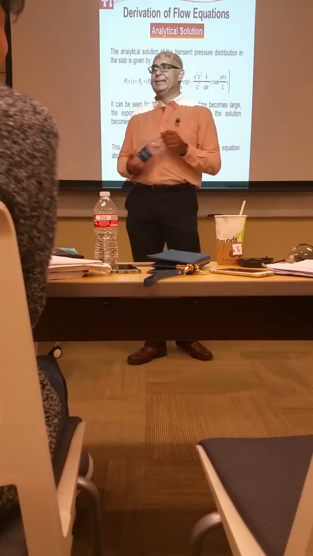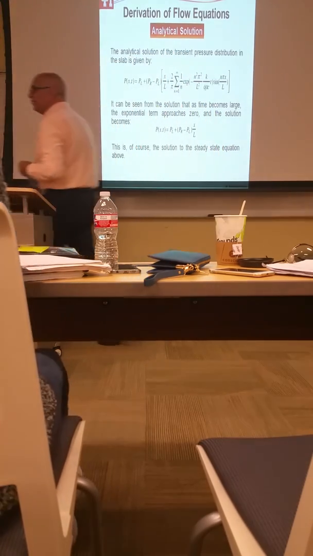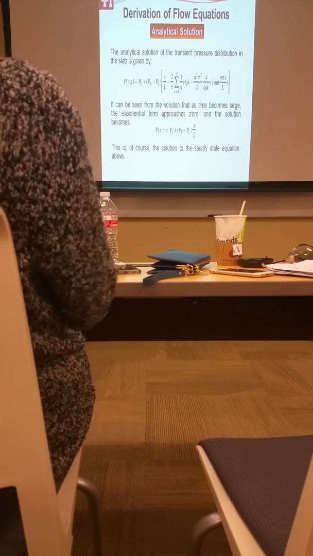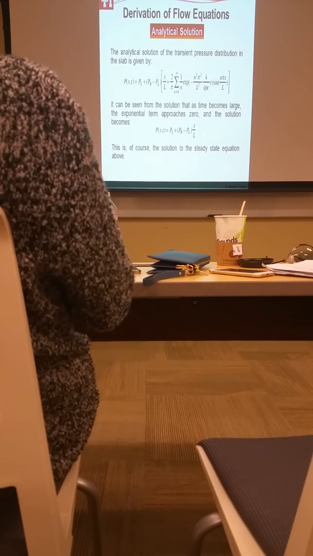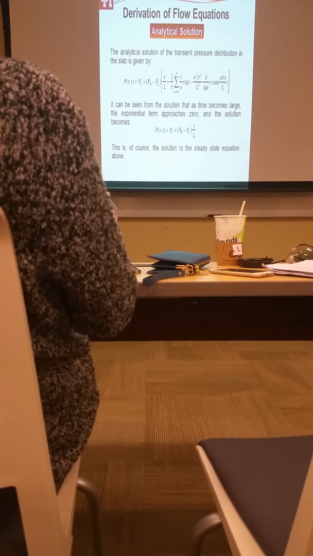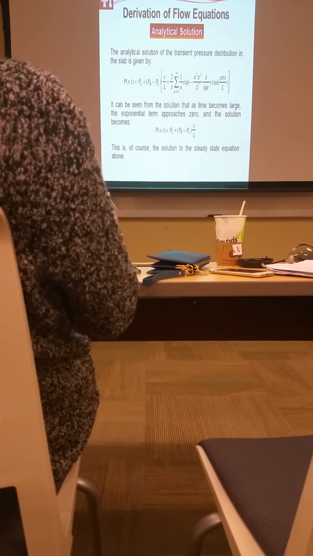This is called a Fourier series. There are many individual solutions that when you add them, give the whole solution of your equation. Just take a look at this term, the exponential term. Look at this negative value here.